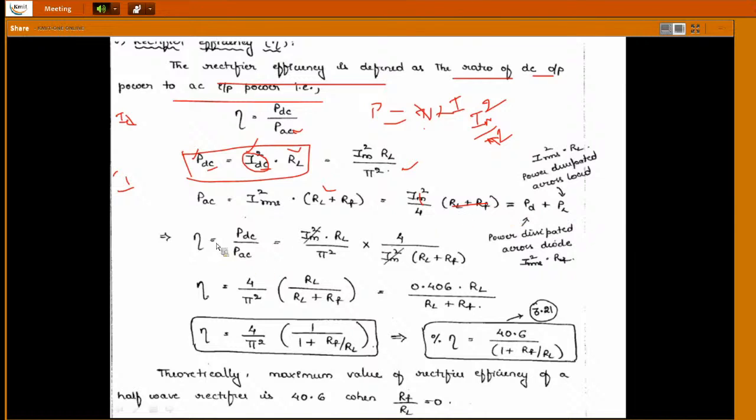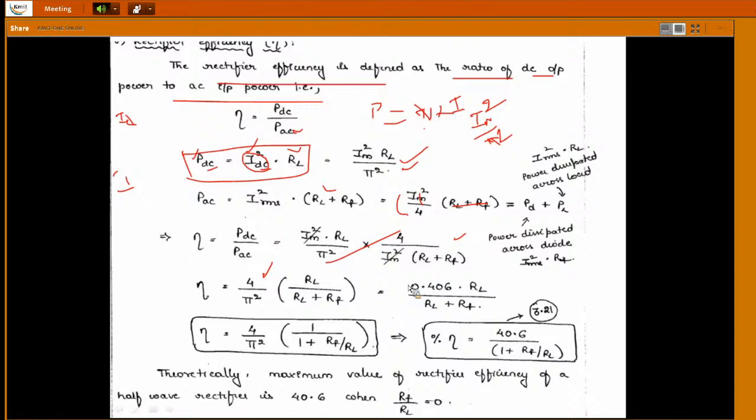Now here we define eta as PDC by PAC. The DC power multiplied by the reverse of the AC power, 4 by Im square into RL plus RF. If you solve this, taking 4 by pi square outside, you get 4 by pi square into RL by RL plus RF.